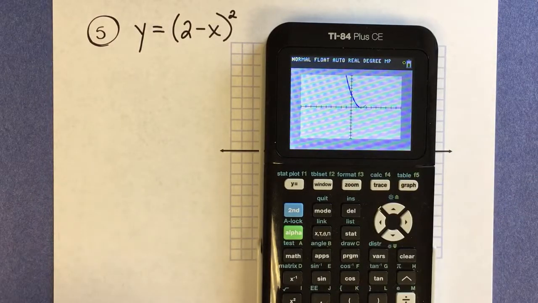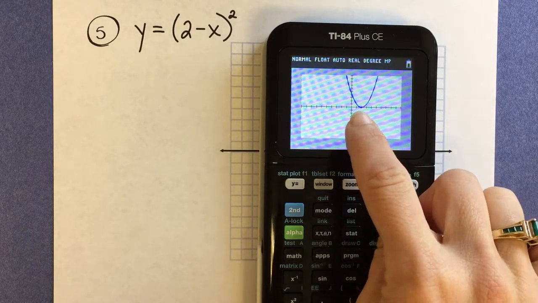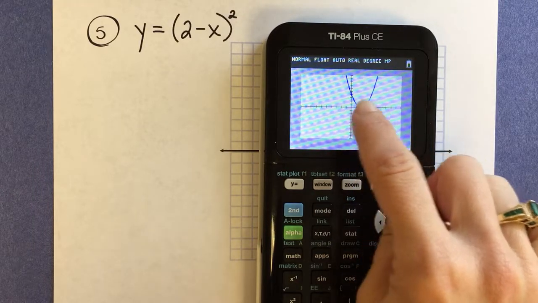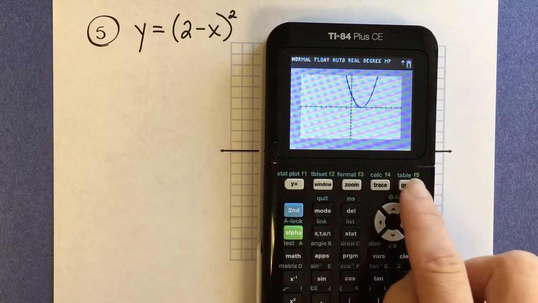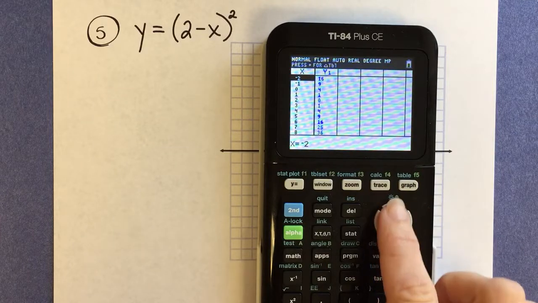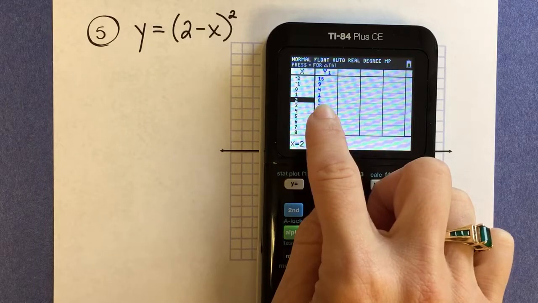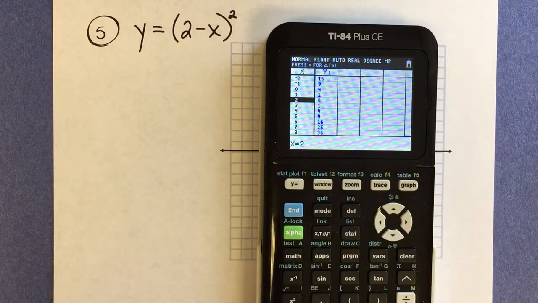Now what you'll need is actually the vertex. So that would be, looks like the point 2, 0. And then I need a point on each side. So if you look in your table, of course you do have the point at 2, 0. So that verifies that is your vertex.